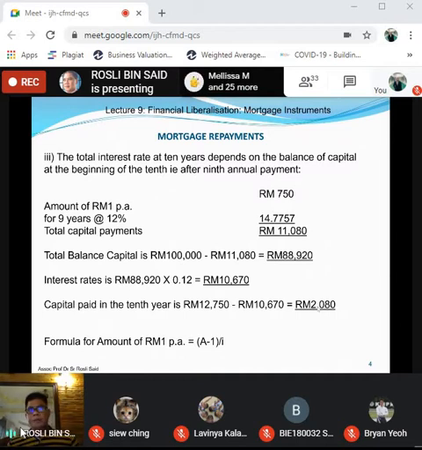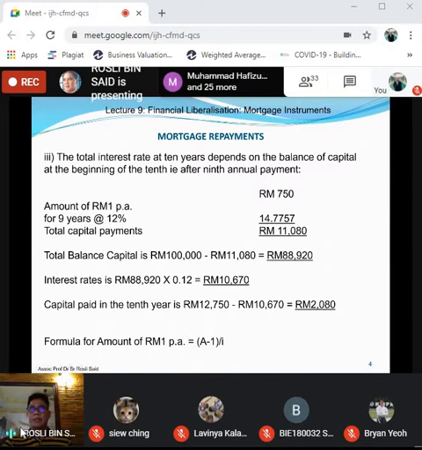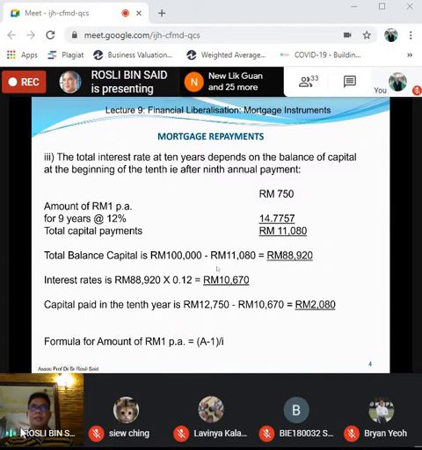So that's why I don't like it if you use the financial calculator, because the financial calculator will only give you these things. You just key in the number of years, the loan value, that is how much you are getting from the financial institution, and the interest rate. So we should be able to get all these figures. But that one is only for capital and for constant payment mortgage.